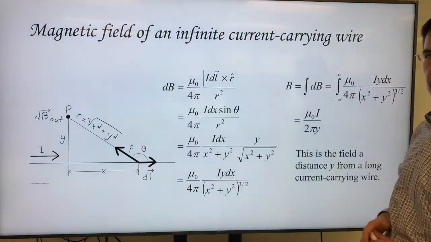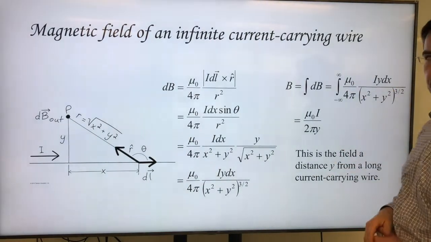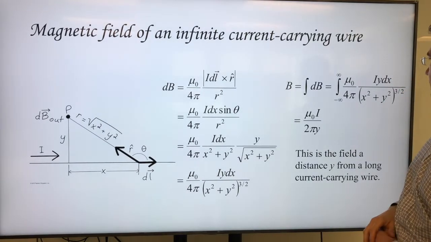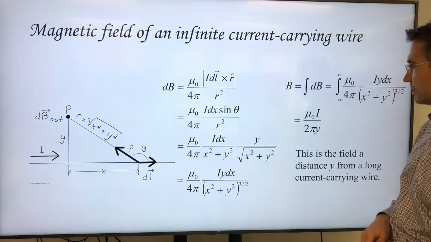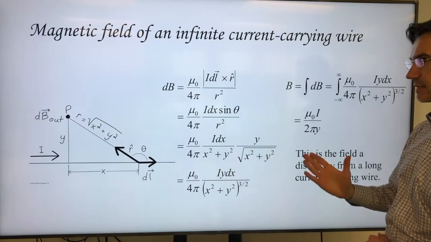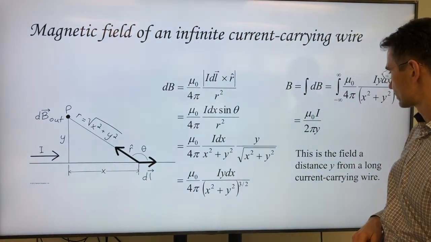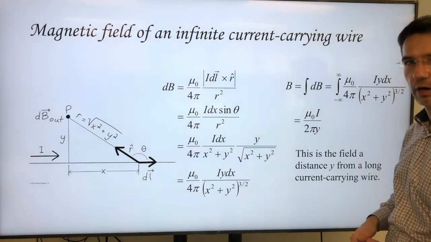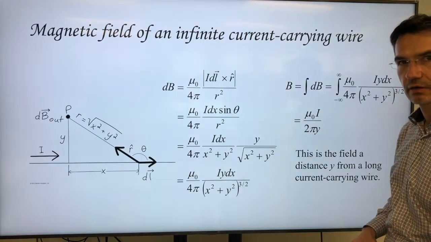We integrate from minus infinity to plus infinity over x. And we can use an integral table to make this calculation. This will give us mu naught times I over 2 pi y. So this is the magnetic field a distance away from a current carrying wire. And you can see that it drops off as 1 over y, and it's also directly proportional to the current.